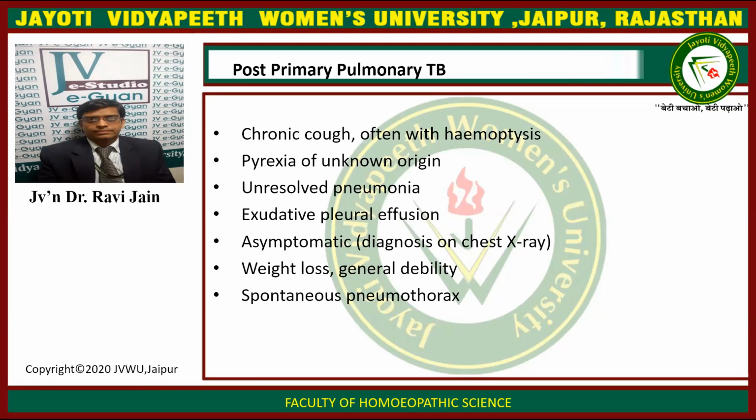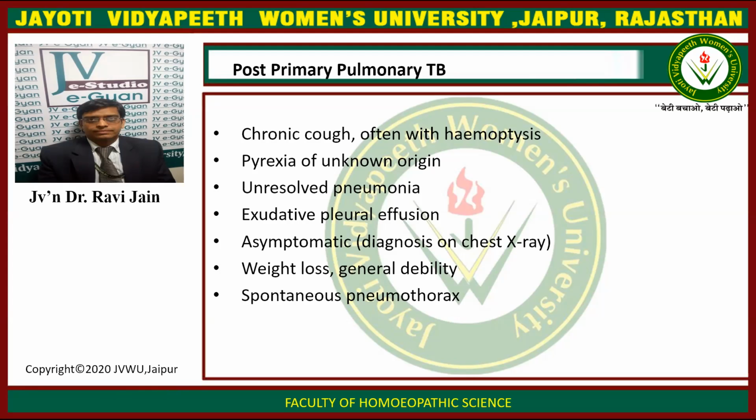Post-primary pulmonary tuberculosis: there is chronic cough, often with hemoptysis. There is pyrexia of unknown origin, unresolved pneumonia, and exudative pleural effusion. It can be asymptomatic, and the diagnosis is made on the basis of chest X-ray.